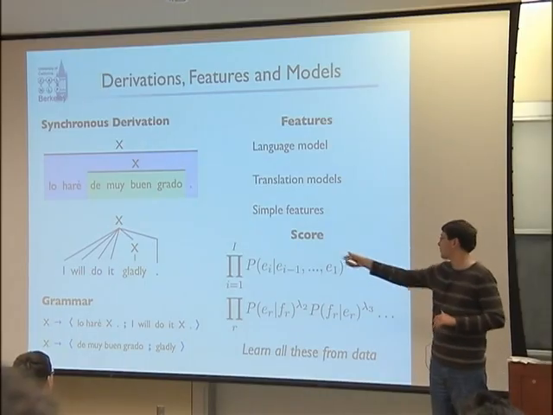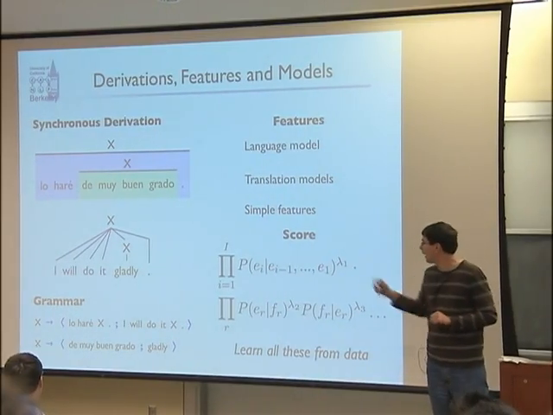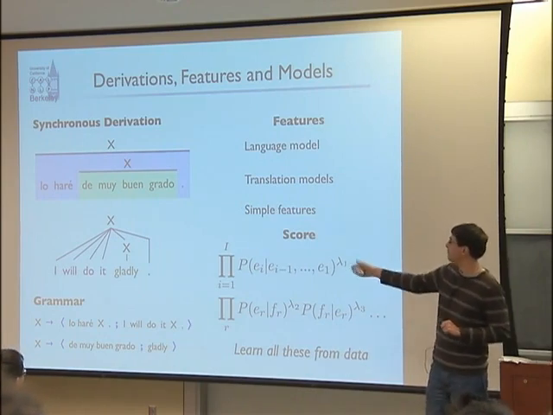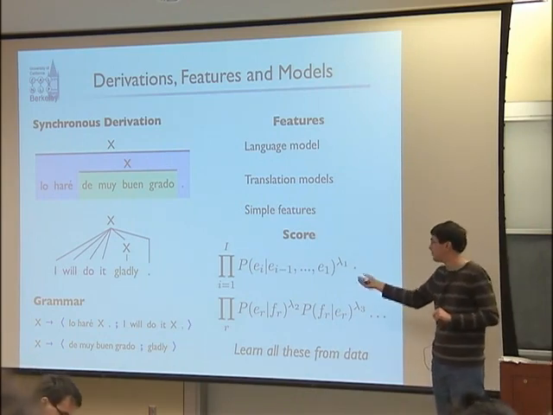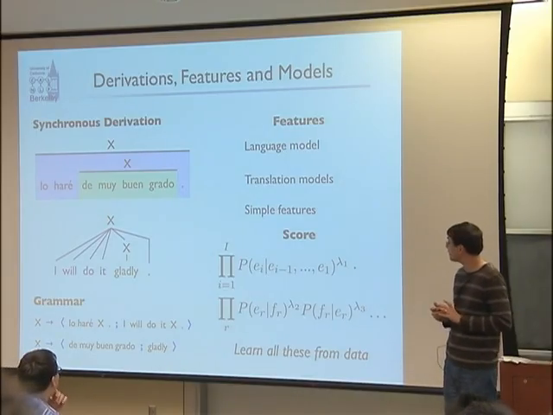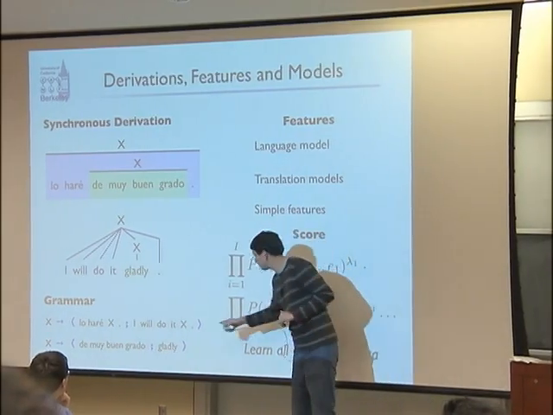So the language model scores the string of words in the output by just saying, what's the probability that I starts the sentence? What's the probability that will follows I? What's the probability that do follows I will? In a kind of linear chain sense. And the translation model are weights on these rules themselves.